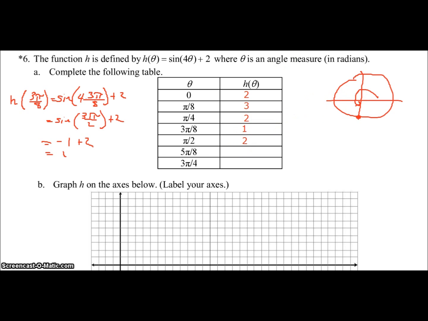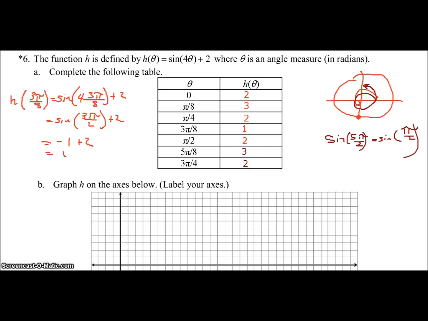On the circle, if we start here, we go around, there's 1 pi over 2, 2 pi over 2, 3 pi over 2, 4 pi over 2, 5 pi over 2 is just like pi over 2. So sine of 5 pi over 2 is the same as sine of pi over 2. So this would be 1 plus 2 would be 3. Then sine of 4 times 3 pi over 4 would just be sine of 3 pi, which would be 0, plus 2 is 2.